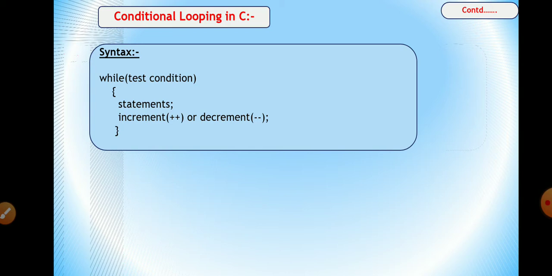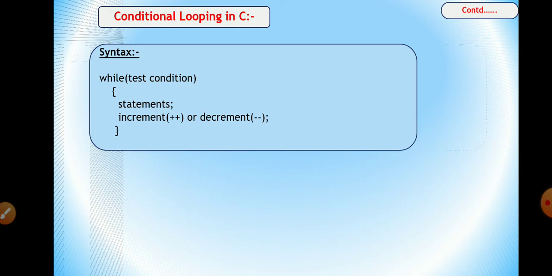We discussed different types of loops: for loop, while loop, and do while loop. Yesterday we discussed for loop with example. Today we will discuss while loop.